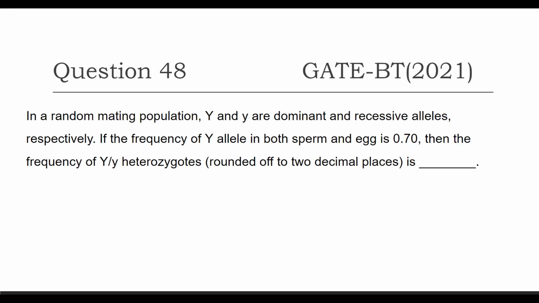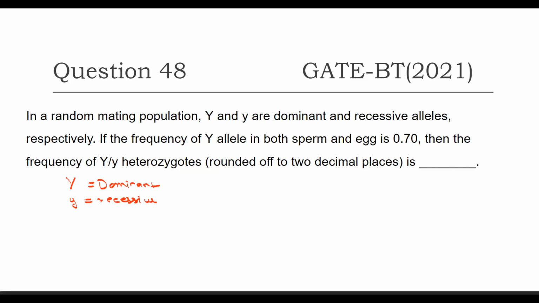So what they're saying is there are two genes, capital Y, which is dominant, and small y, which is recessive, in this randomly mating population. Right? And they're asking you to find out the frequency of heterozygotes, that is, organisms which have both the capital Y and small y allele.